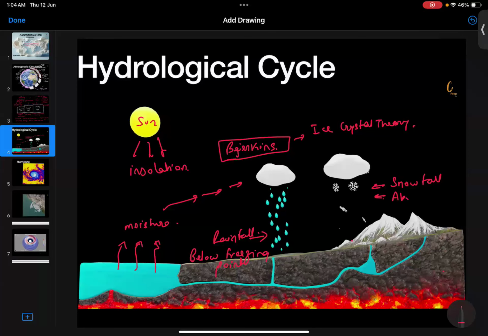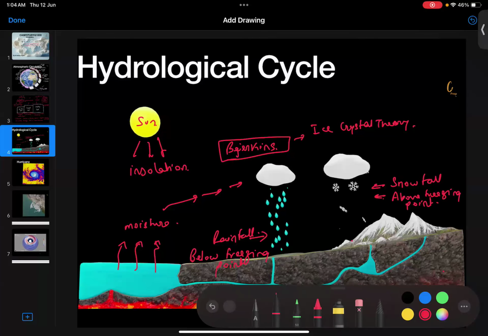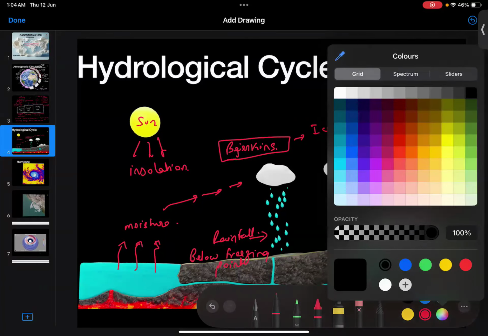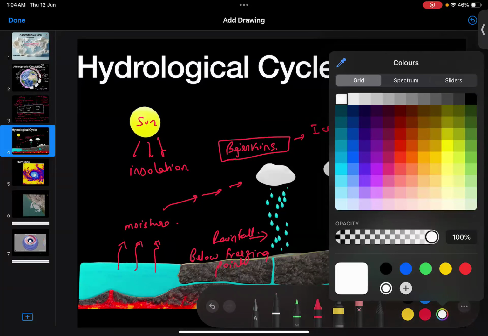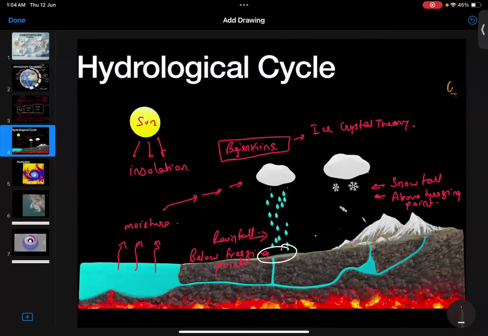So it is above freezing point. Now, because of these two conditions, we will see that there is formation of rivers because of rainfall, and because of snowfall there is formation of glaciers, and both of them are contributing to the formation of the groundwater system.